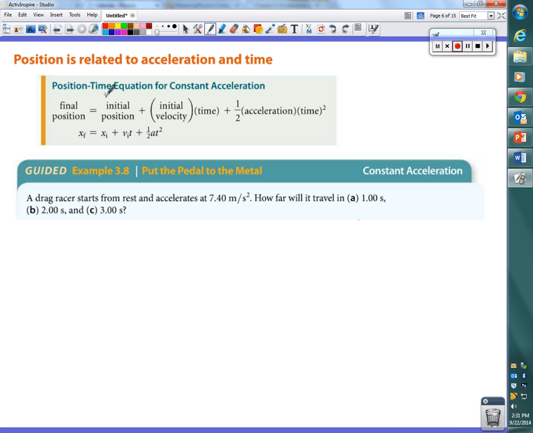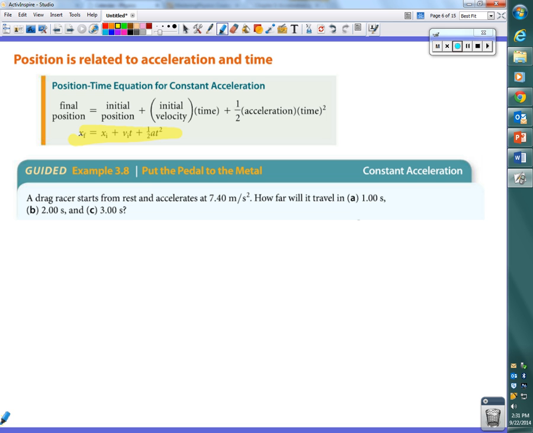There we go. That says position is related to acceleration and time. This formula relates together where an object ends up, x final, versus where it started, x initial, plus how fast it was going initially, v initial, and then there's an acceleration factor in there.